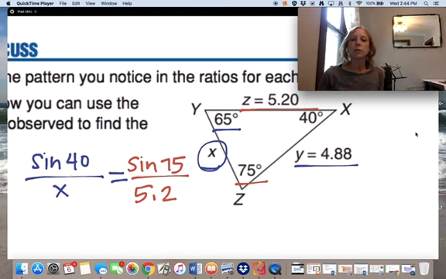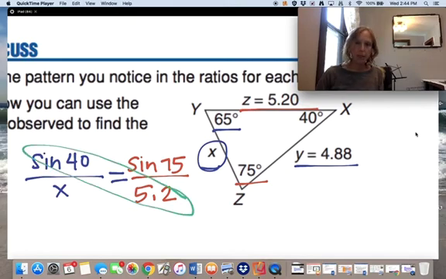When we have two ratios equal to each other, remember that's called a proportion. A very easy way for us to solve a proportion is to use cross products. Remember, with cross products, all we do is multiply the two values that are diagonal from each other, and then divide by the other one. So I'm going to go to my calculator and multiply 5.2 times the sine of 40, hit enter, and then divide that answer by the sine of 75.